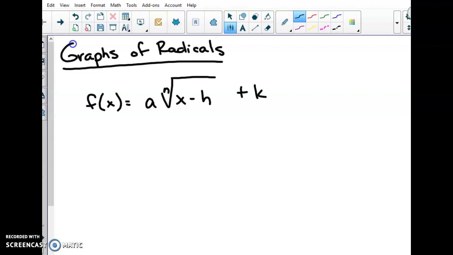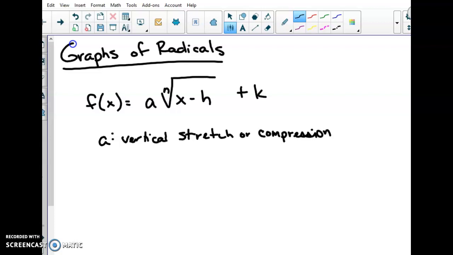So the a is going to be your vertical stretch or compression. So this isn't moving it up and down, it's just literally taking it and stretching that sucker.